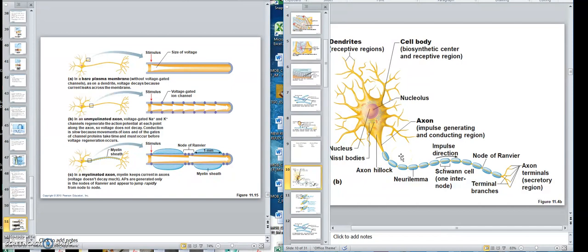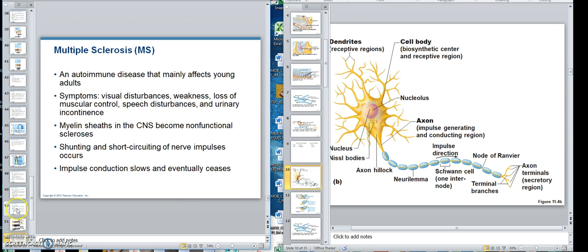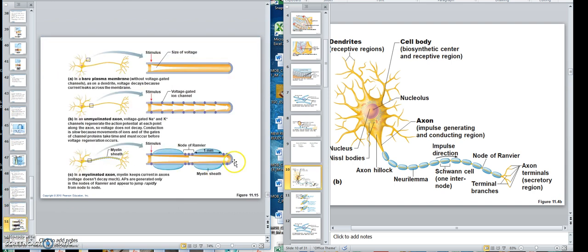All right, the type of conduction done in a myelinated neuron is called saltatory conduction. S-A-L-T-A-T-O-R-Y, saltatory. So it's called saltatory conduction. I'm going to insert it here so you can see what I'm speaking of.